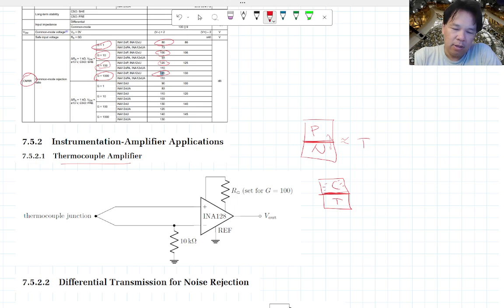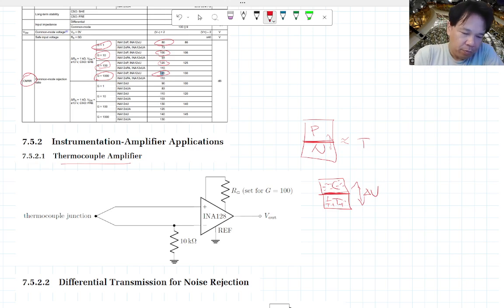Let's say the tin is the one donating the electrons, so the copper gets all of them. Now you have a slightly positive side here, so you just have a delta V between these two things. But this delta V is going to be very, very small, on the order of a nanovolt to a microvolt. So what you want to do is amplify this.